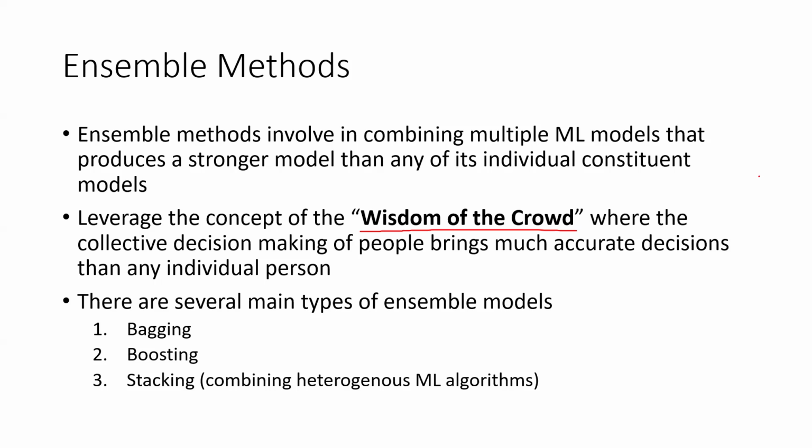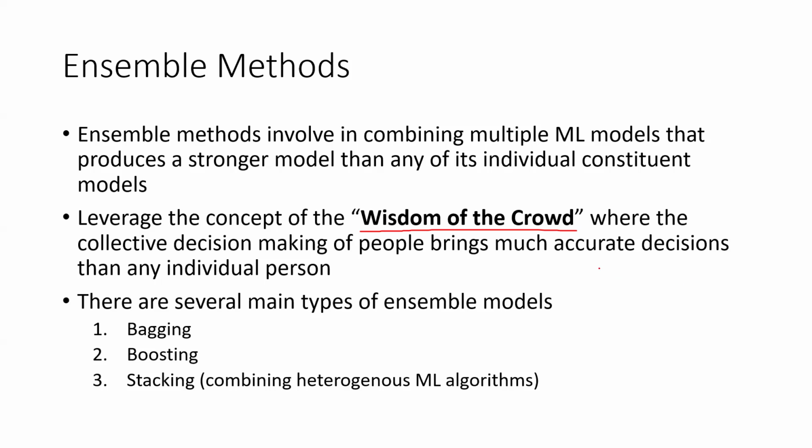That is the idea of ensemble methods. So you have many small machine learning models working together, and the full ensemble model performs better than any of the individual machine learning models, right?